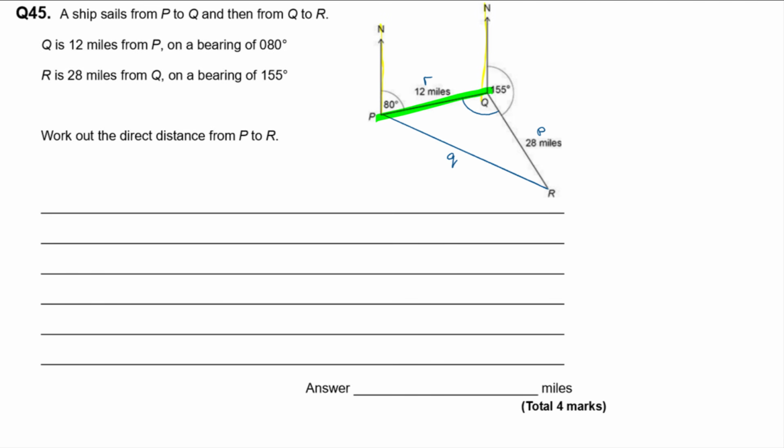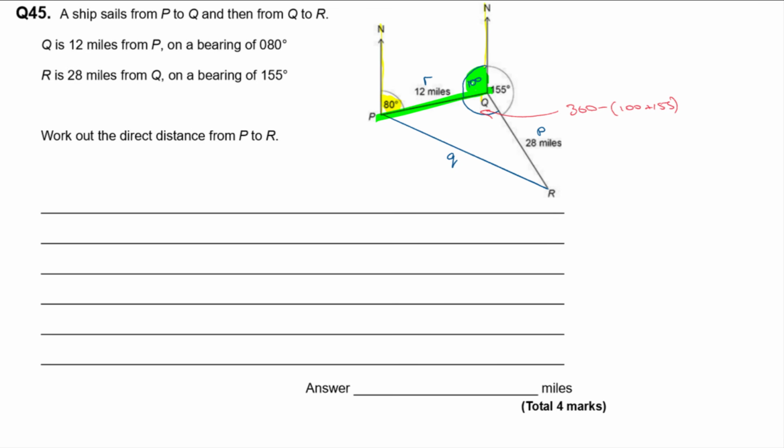So that means that this angle here, the 80, and this angle up here are supplementary, aren't they? They're the co-interior angles of those two. So that one there is going to have to add up with 80 to make 180. So that one's going to be 100. And because I've got the bearing of R at 155, those 2 angles add up to 255. So angle Q, this bit here that I need to find, is going to be 360 minus the other 2 angles, isn't it?